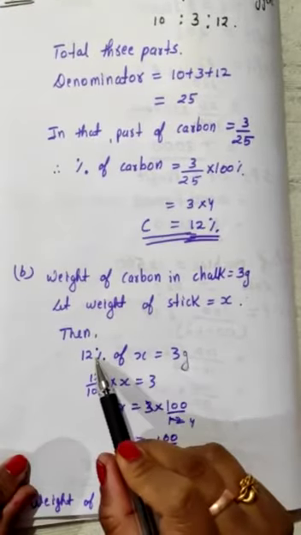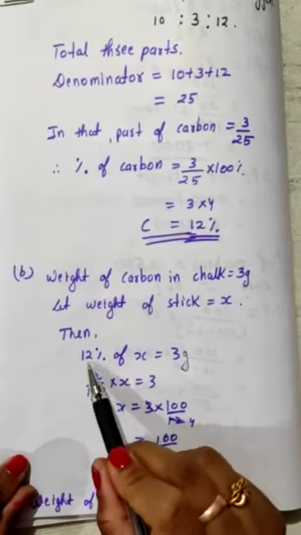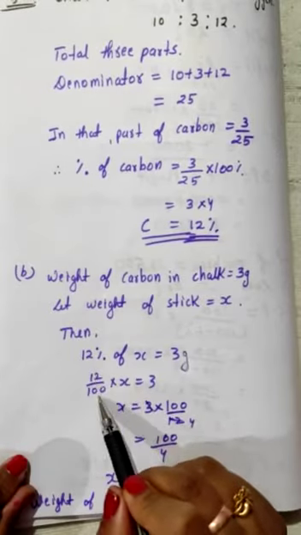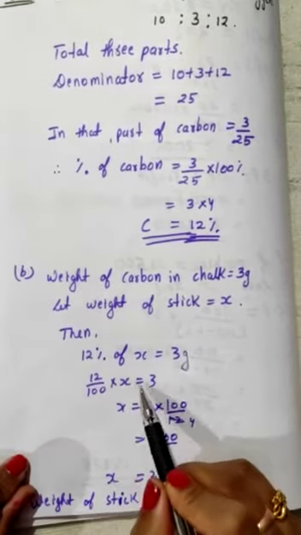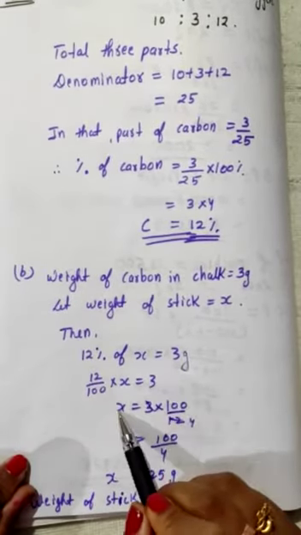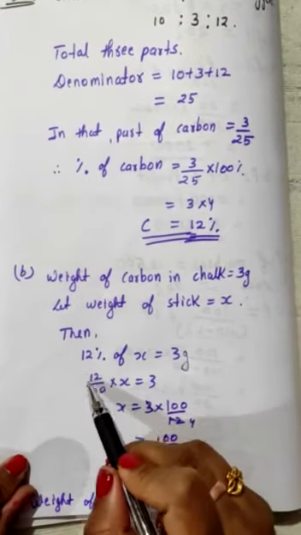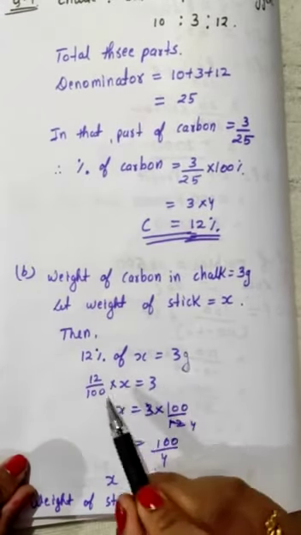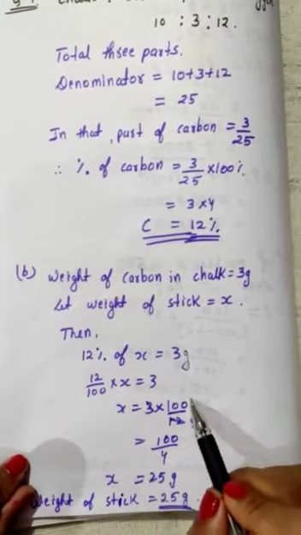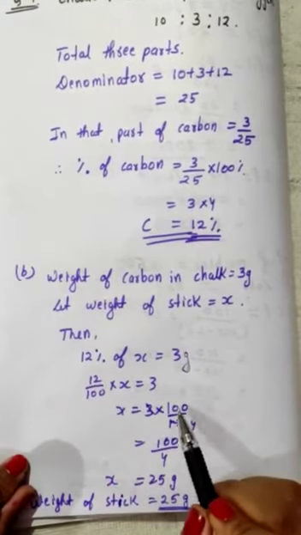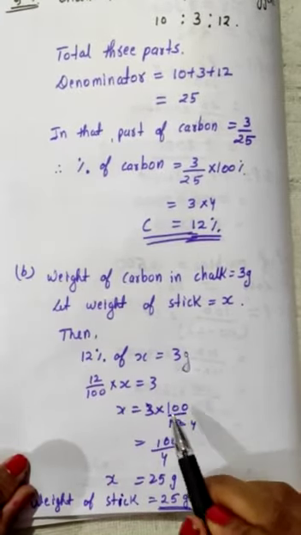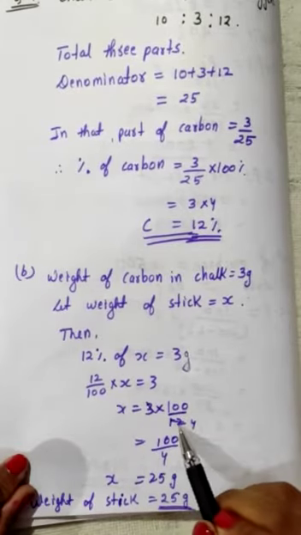Now you will convert it into the form of an equation. It will be 12 upon 100 into x is equal to 3. So you transpose this 12 upon 100 to the other side, and you take the reciprocal. When it changes sides, it becomes 100 upon 12. So x is 3 into 100 upon 12.